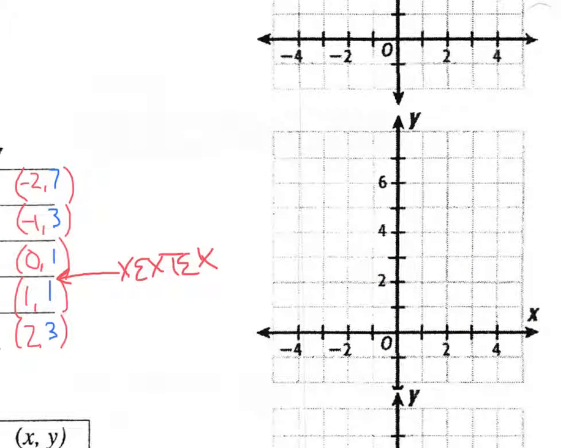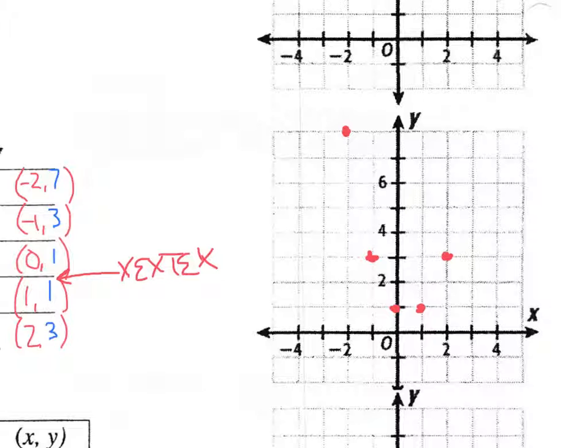In this case, the vertex is between these 2 points. So we'll begin the graph with these 2 points. This is the point 1, comma 1, and its symmetrical point is 0, comma 1. This is the point 1, comma 3, and its symmetrical point is negative 1, comma 3.